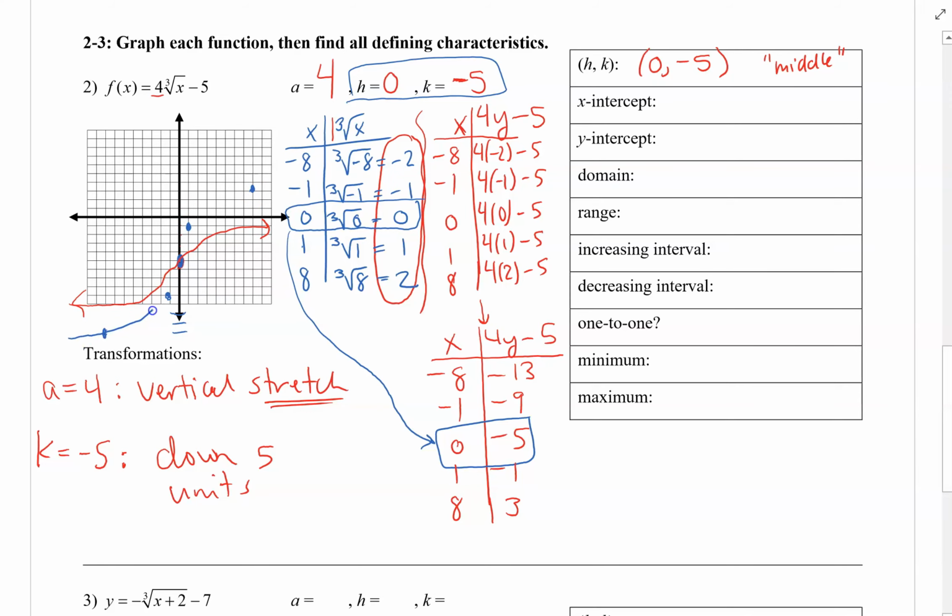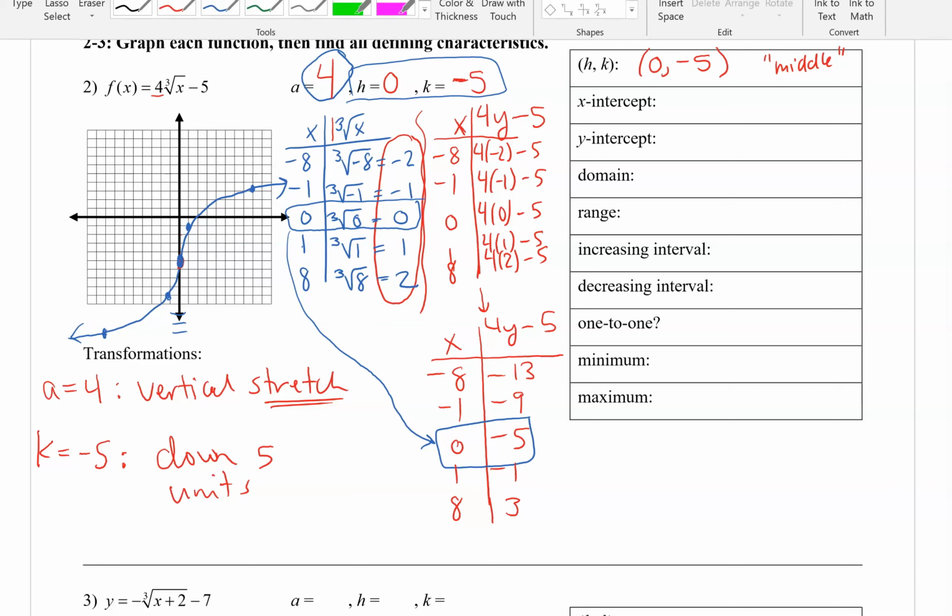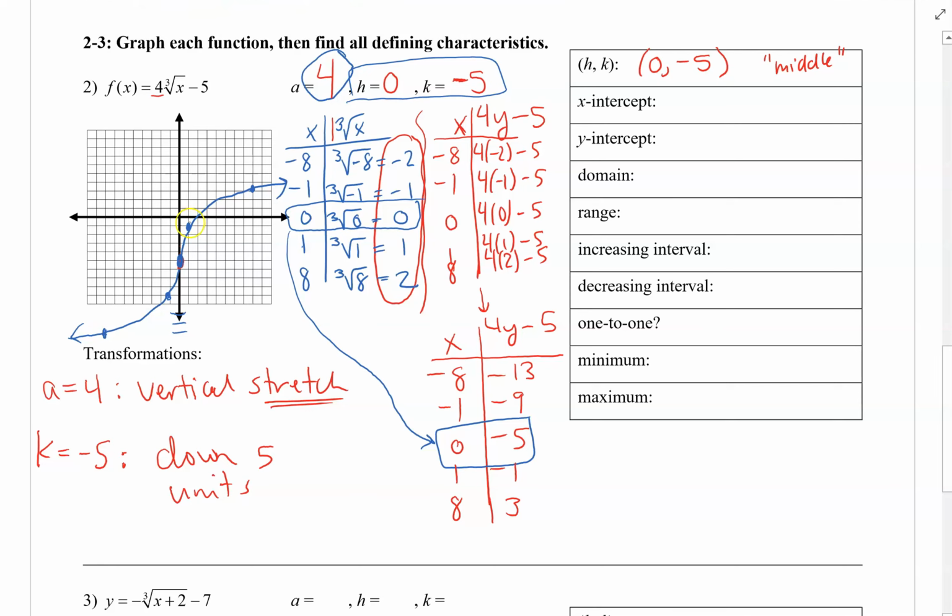So this graph was actually much more stretched, even more than I drew. It was an even more exaggerated stretch than what I wrote in, because it was quite an extreme stretch, stretching it by a multiple of 4. And when you're given the a value, you can see that between the middle point and the next point right after that, there is that change of 4 right there.